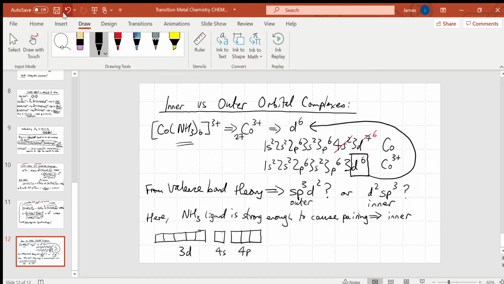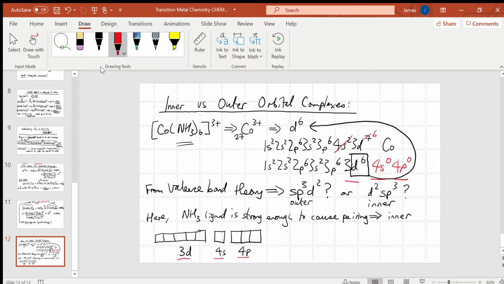So if you're up for it, I can draw it here. So we could have 4s0, 4p0, just to see where the 3d, the 4s, and the 4p is coming from.